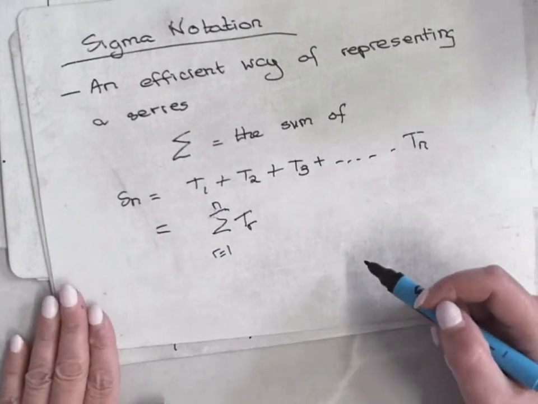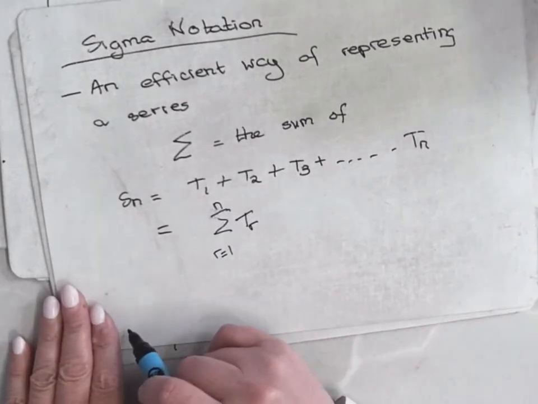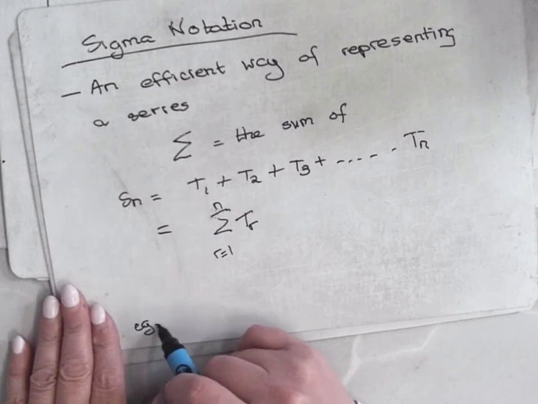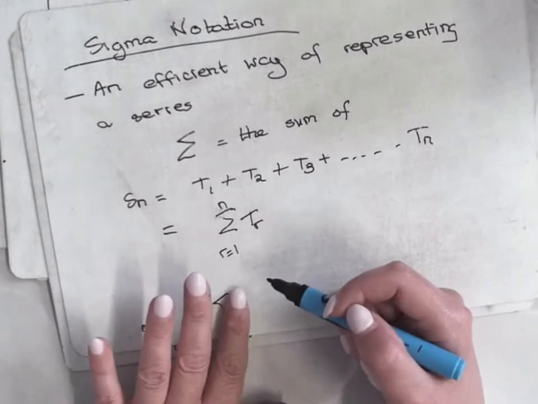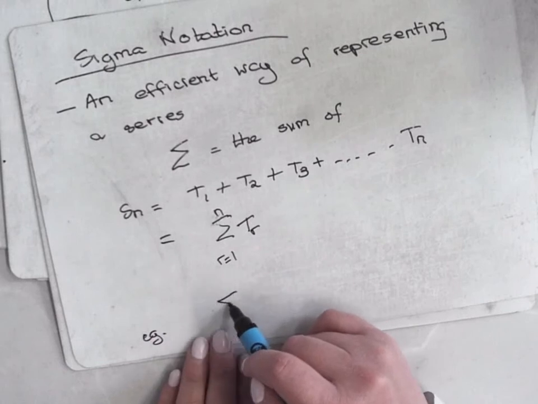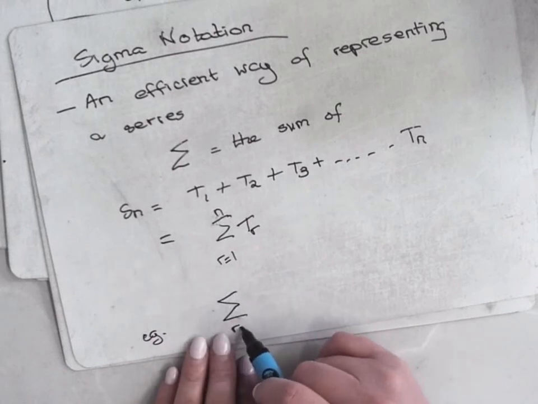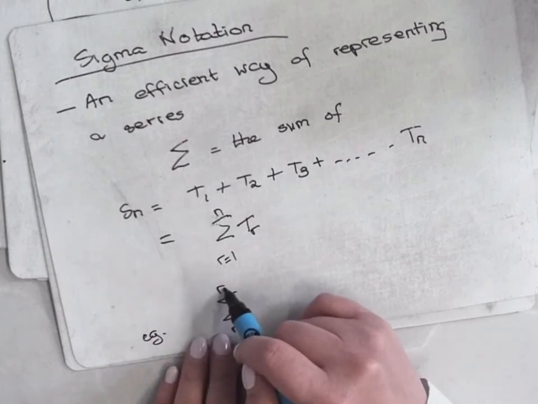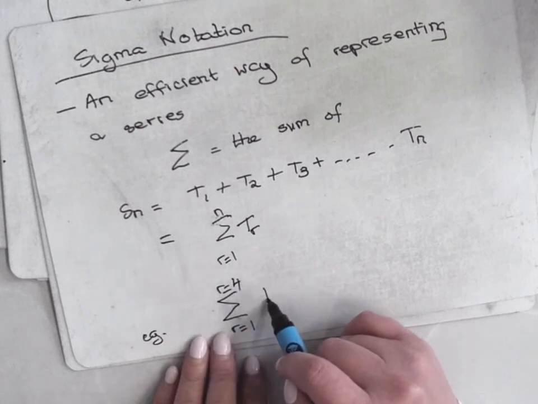For example, if I had the sum of, that's supposed to be a sigma, r equals 1 to 4 of Tr, they just say 4 on top.